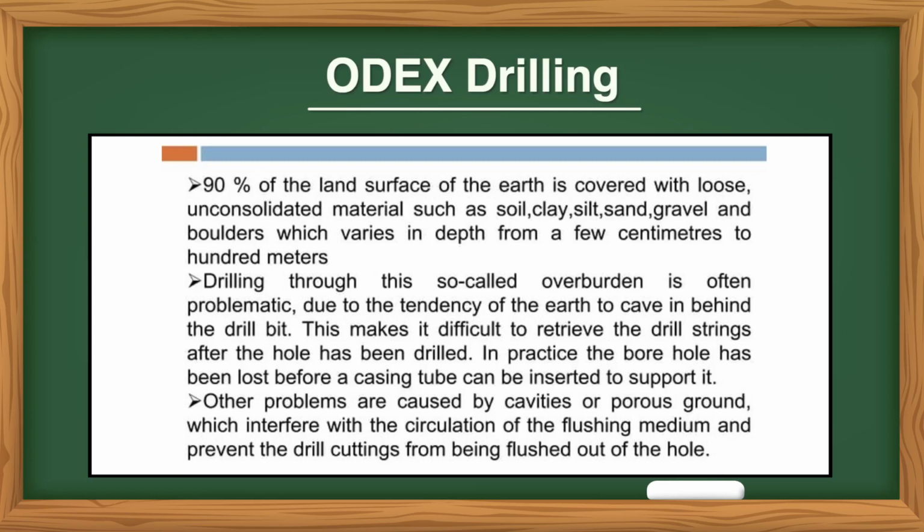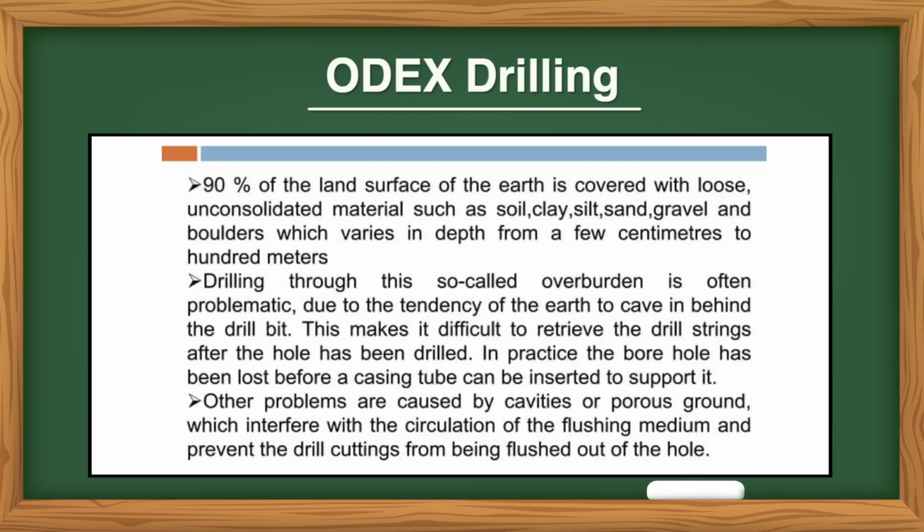Drilling through this so-called overburden is often problematic due to the tendency of the earth to cave in on the drill bits. This makes it difficult to retrieve the drill strings after the hole has been drilled.